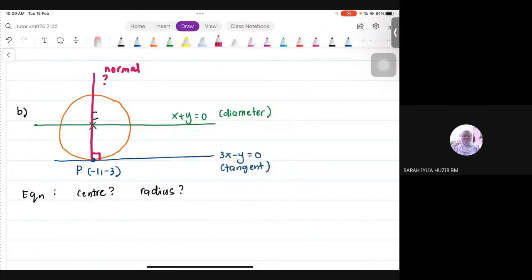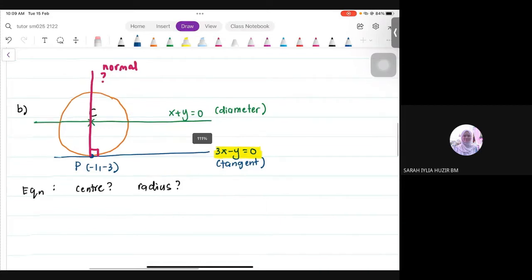Okay. Kenapa nak cari garisan normal? Biar ada dua equation bersilang kat center baru dapat coordinate center. So how do we find normal equation? Kita dah ada tangent. Bila dah ada tangent, ingat connection between tangent and normal, gradient must be -1.